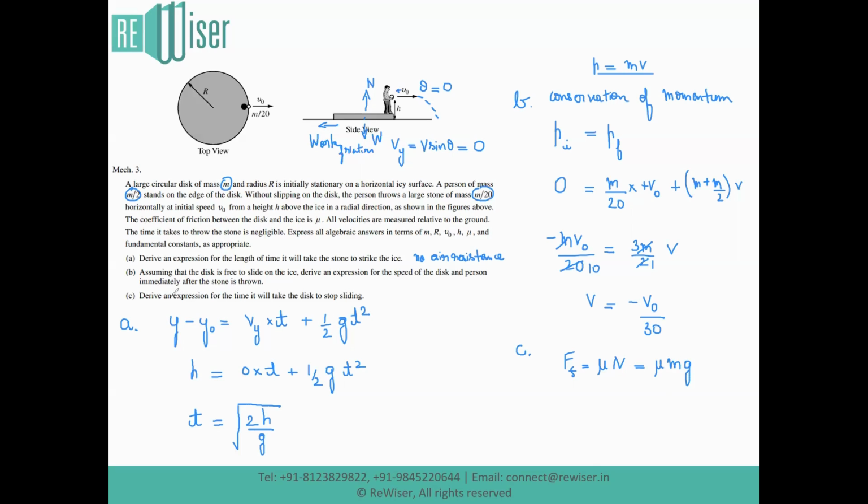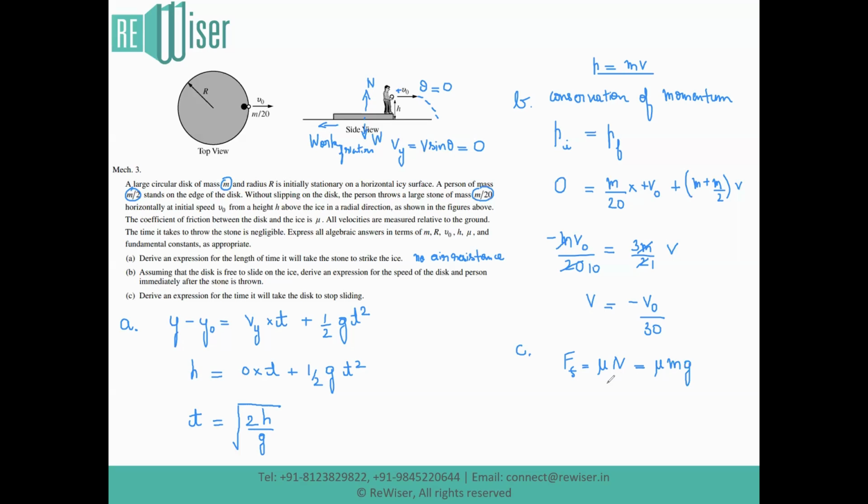Now, we are asked to derive an expression for the time it will take the disk to stop sliding. The disk will stop sliding exactly when the work done against friction is equivalent to the force applied by the friction.